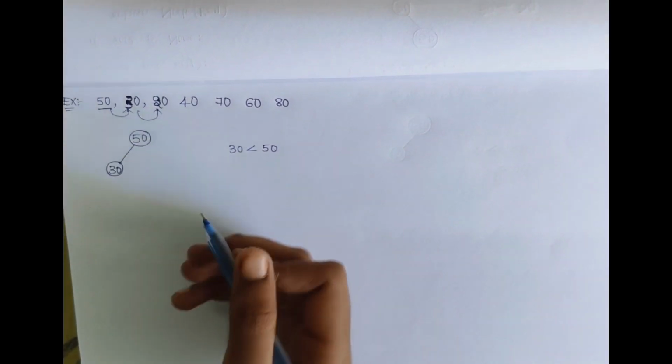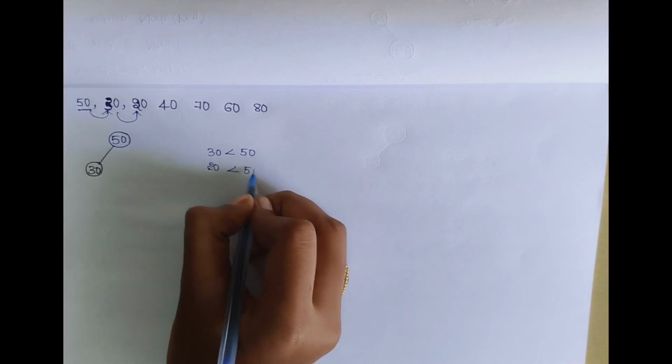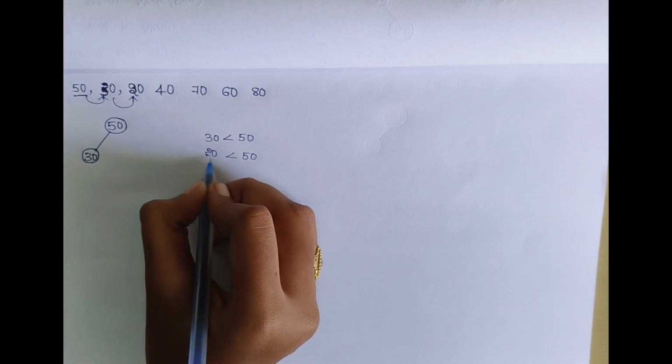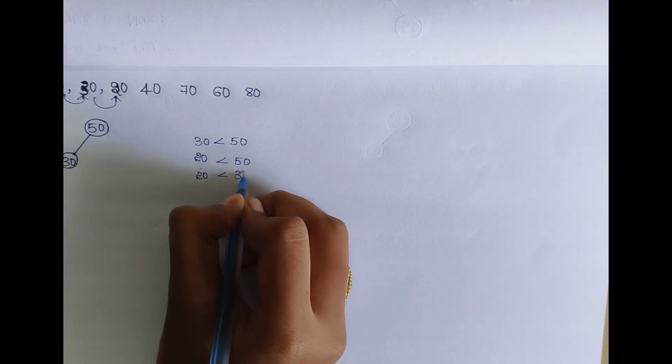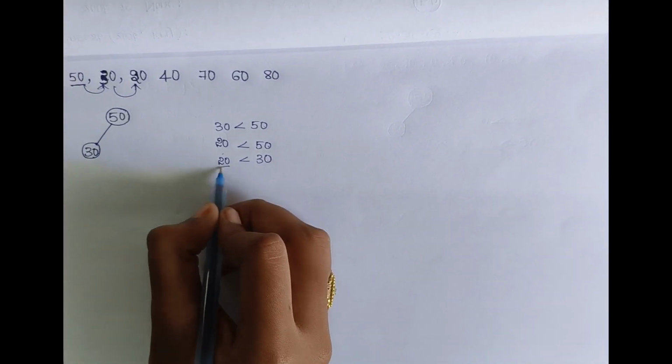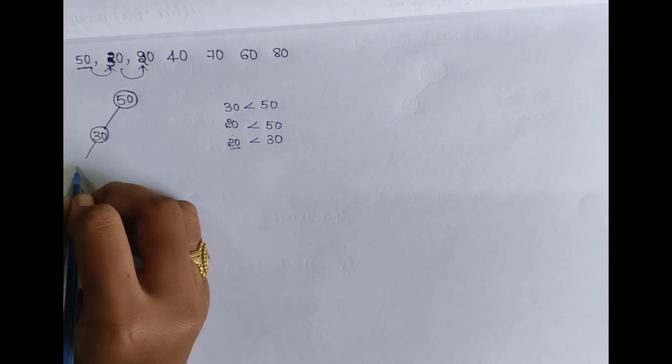And we consider 20. Here 20 is less than 50 and then compare with 30. 20 is less than 30. So we have to insert 20 as left subtree of 30.